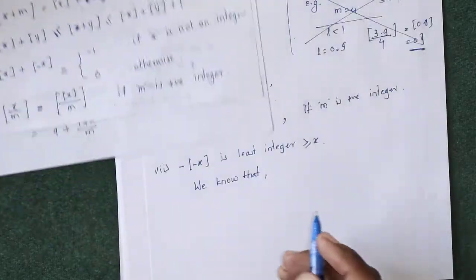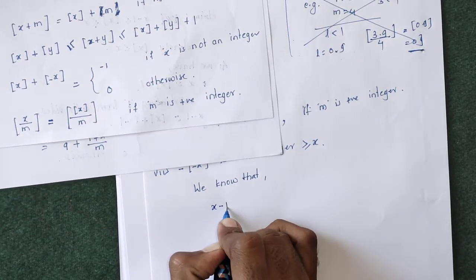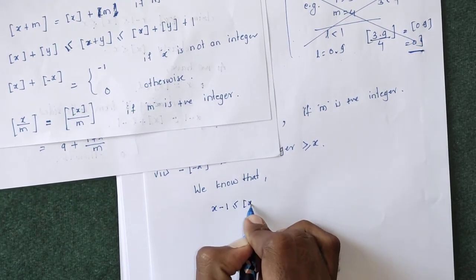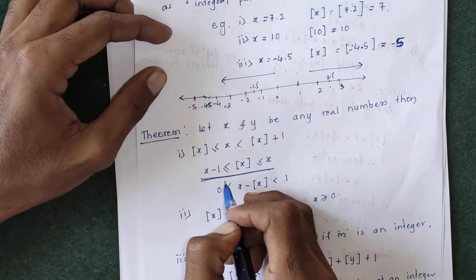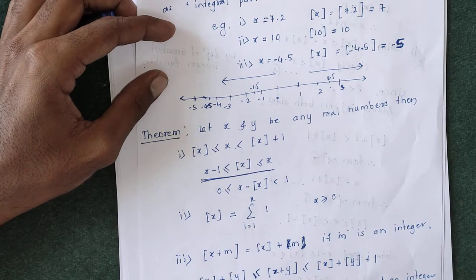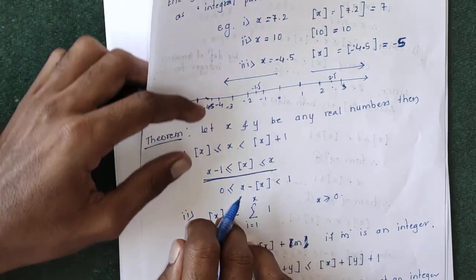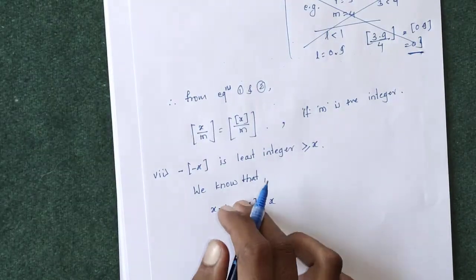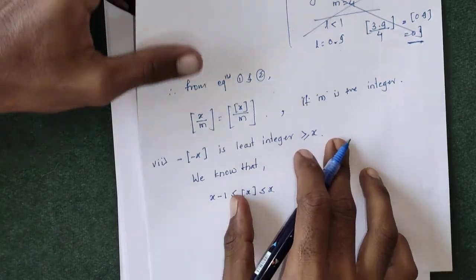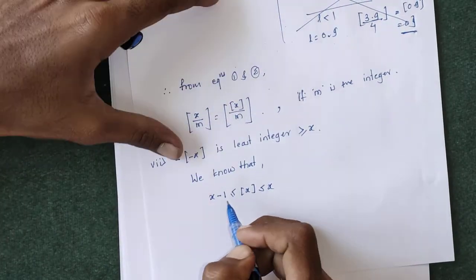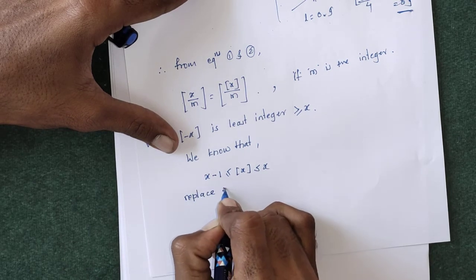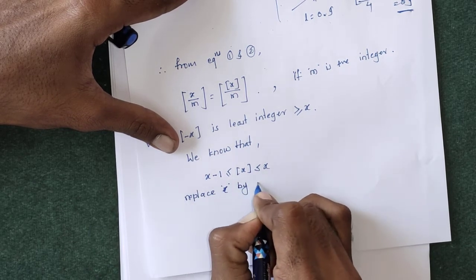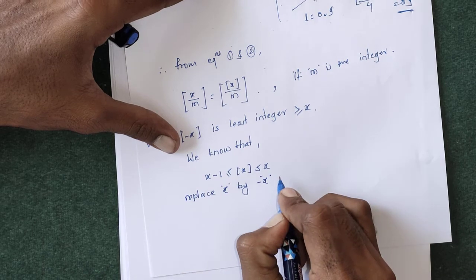By using this inequality, we are going to get our required claim. So just replace this x by minus x.